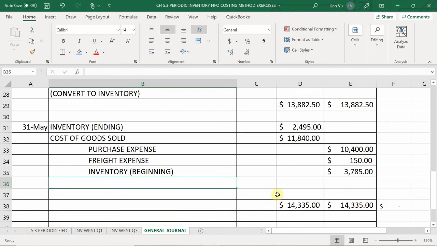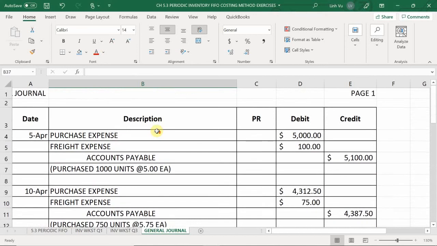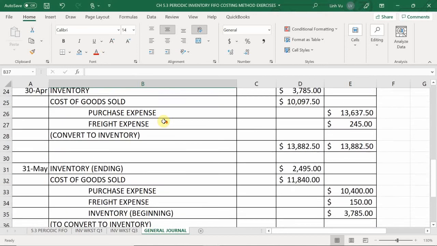And there we have it. We match on both sides with $14,335. And last but not least, we're going to go ahead and enter in our description to convert to inventory.